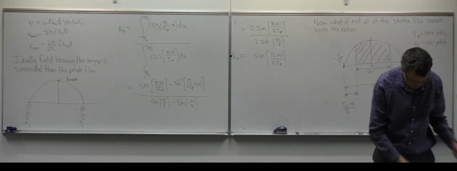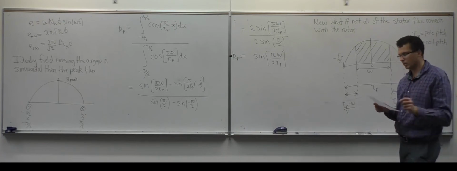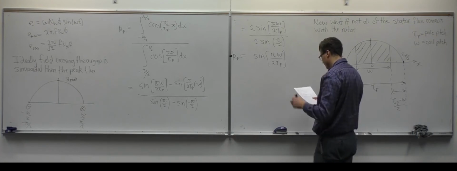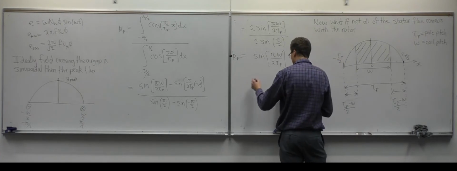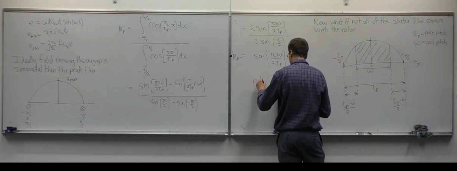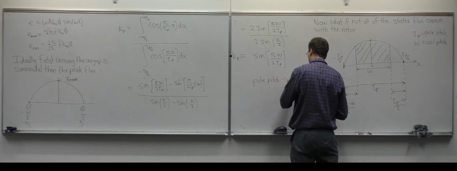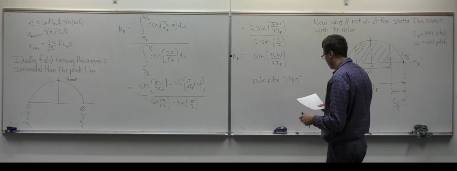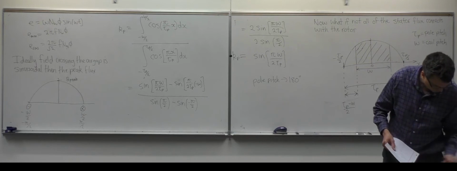So now let's look at the 12 slot winding. For the 12 slot winding, we had a pole pitch of 180 degrees, but I don't know if I wrote that down, did I?